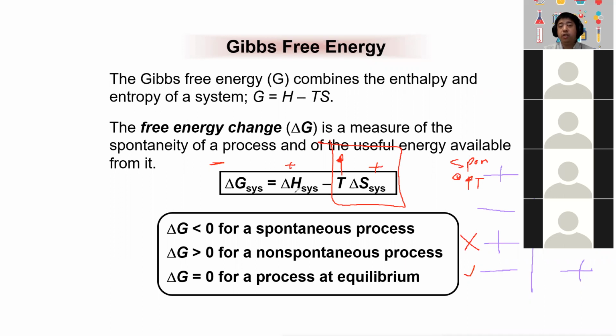At lower temperatures, it could be non-spontaneous. Now, if I flip the scenario, if these are both negative, I don't want this side to be a big number because this is negative minus. I want this one to be the big number. So in this case, I want a lower temperature. So for a negative negative, it will be spontaneous at lower temperatures.